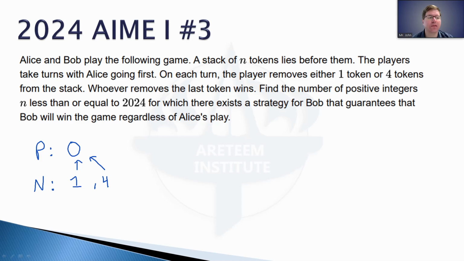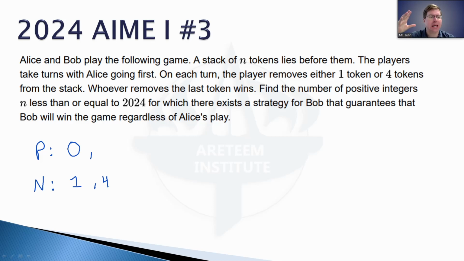Now, here's where the forcing of stuff comes into play a little bit, and this is where it's helpful in terms of these P and N positions. Actually, this is going to get a little too cluttered if I keep all the arrows here. But 1 and 4 come from the 0. Now, what about 2? If there are 2 tokens left, you're forced to go to 1.